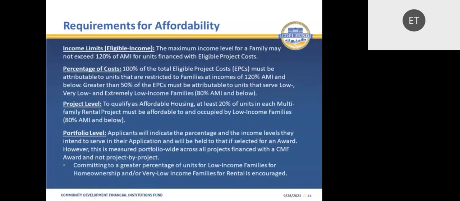Okay, so I think this is what you're referring to, slide 23. So greater than 50% of the eligible project cost must be attributable to units that are low income and below. So 80% AMI and below.